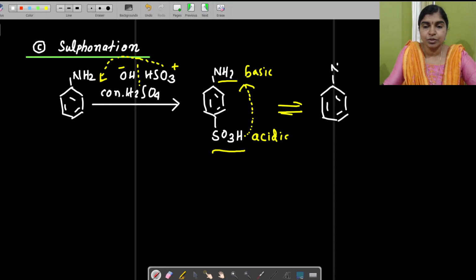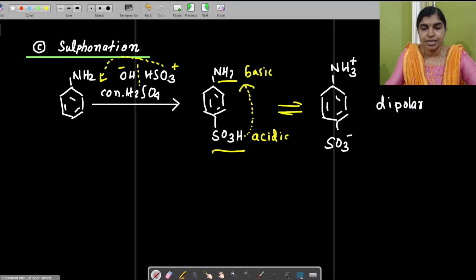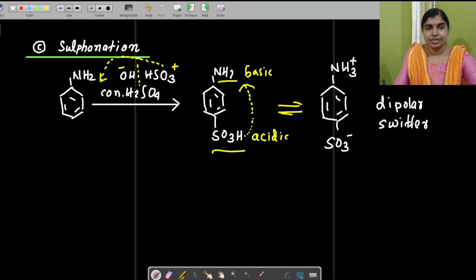So this NH2 group undergo protonation like this, NH2 plus H plus, that means that become NH3 plus, and what about this portion? This become SO3 minus. So this is a dipolar ion which consists both basic and acidic groups, and is called a Switter ion. This is a Switter ion.